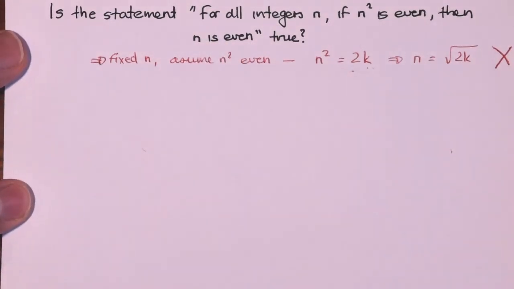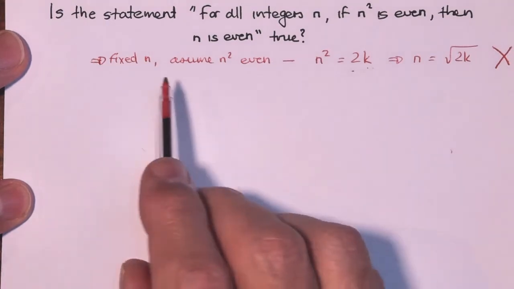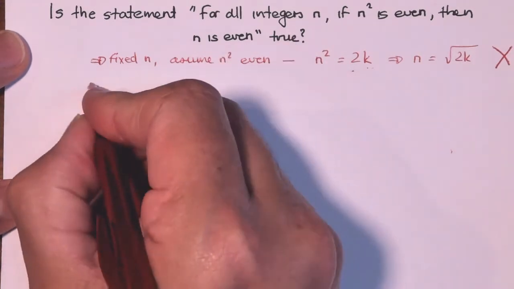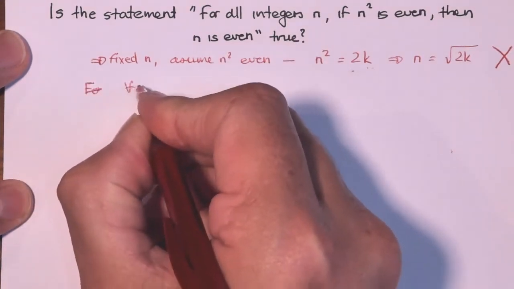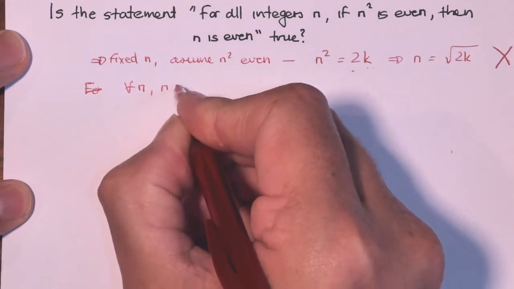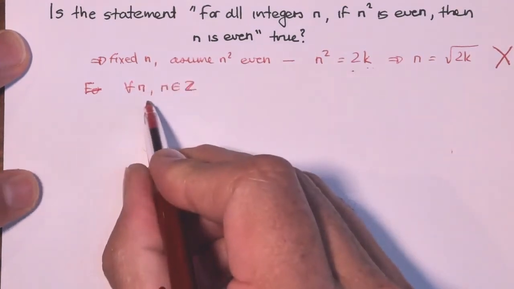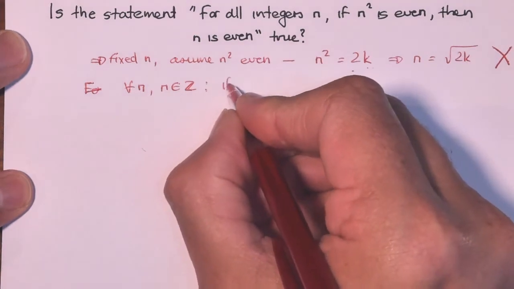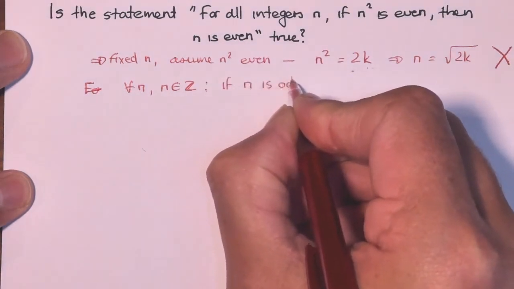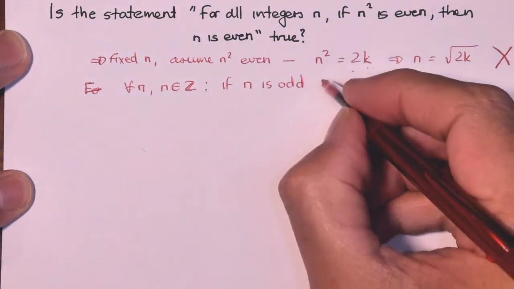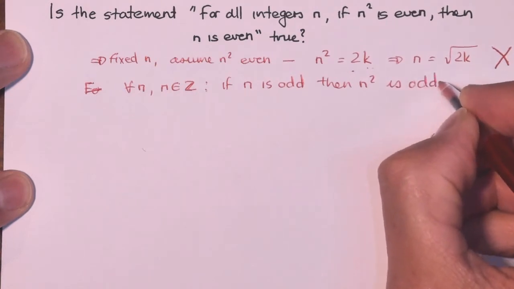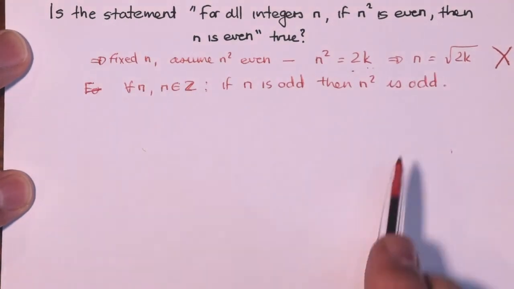Once we've written down the contrapositive, we get that for all integers n, if n is odd, then n squared is odd. This looks a little bit more promising.